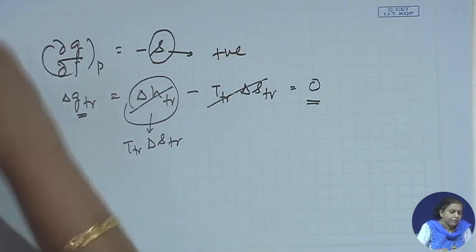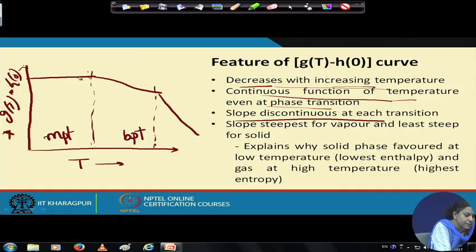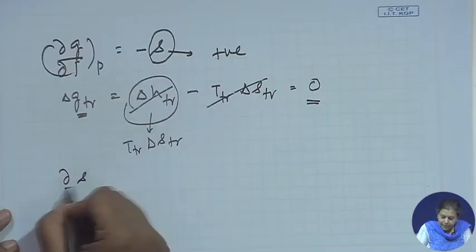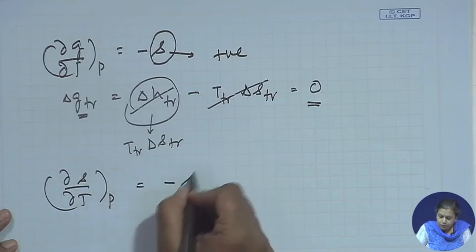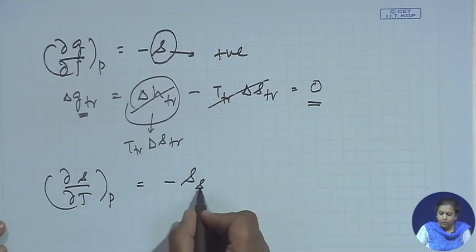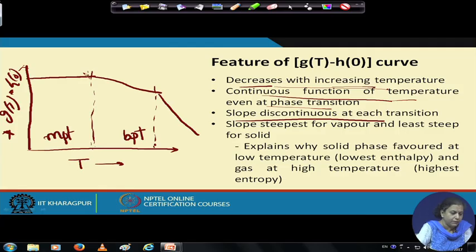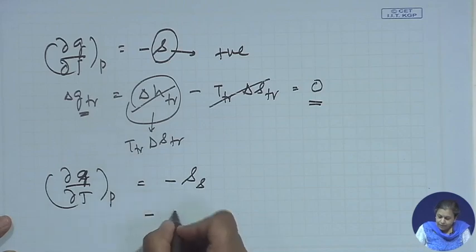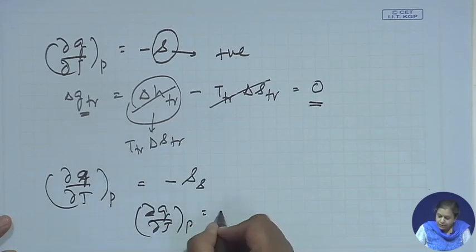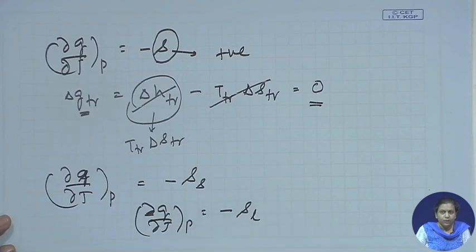So therefore, if we are concerned with this particular portion, then in that portion we find del G del T at constant P is going to be minus S, the entropy of the solid. On the other hand, if we are concentrating on this particular portion, this is del G del T at constant P. This will correspond to the entropy of the liquid.